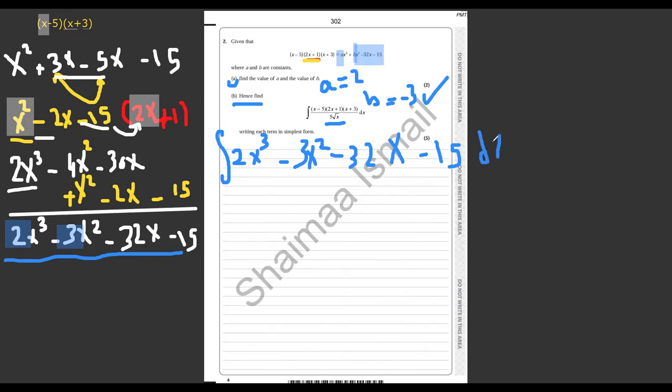So every term here would be divided by 5x to the power half. Here dividing by 5x power half, and here dividing by 5x power half.